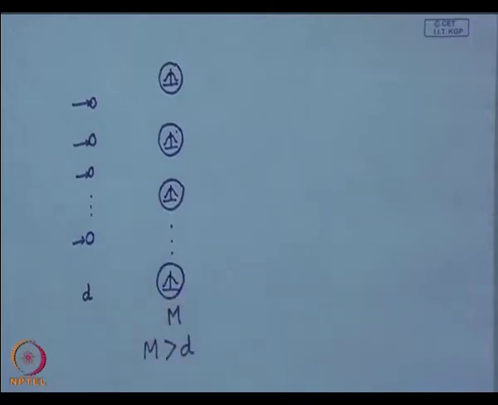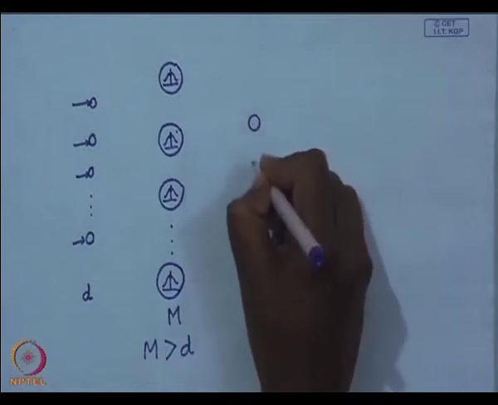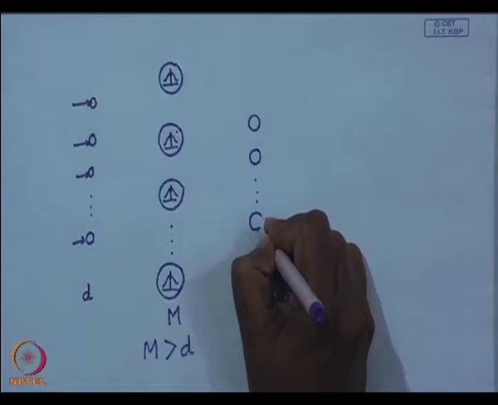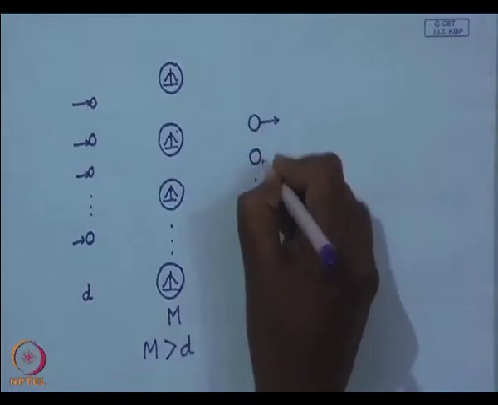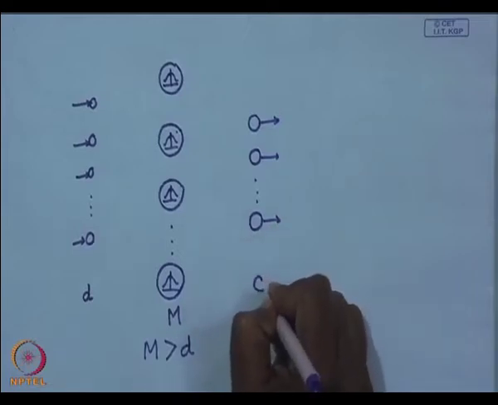And at the output layer, which has the classifying neurons, I have a number of nodes which is the same as the number of classes that we have. So, if I have c classes, then at the output layer I will have c neurons, where c is the number of classes in which the patterns are to be classified.